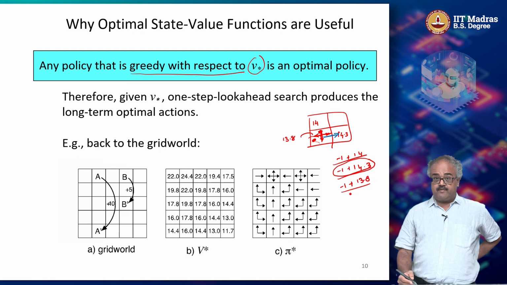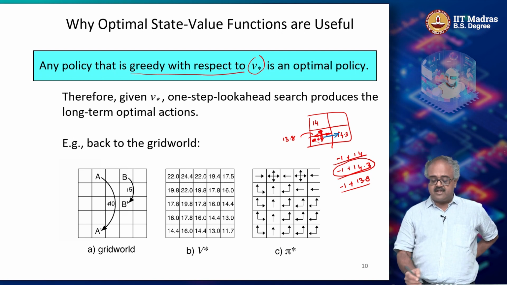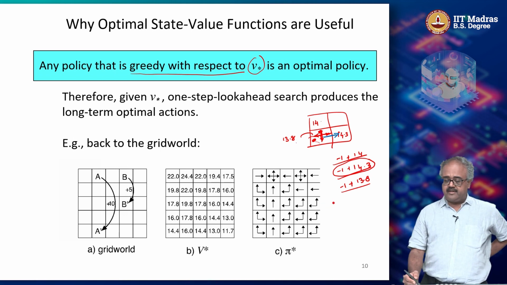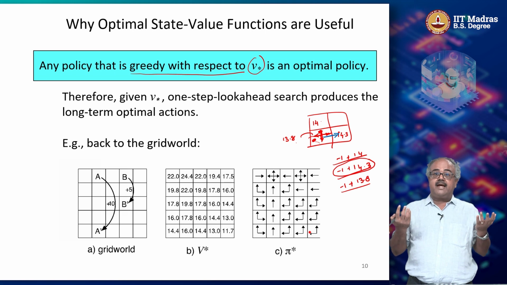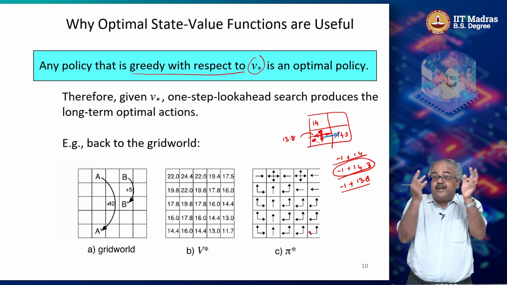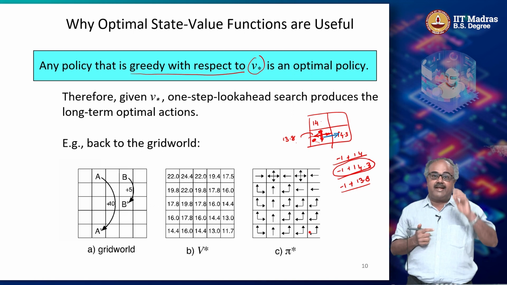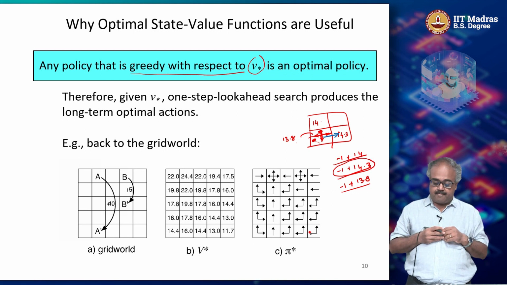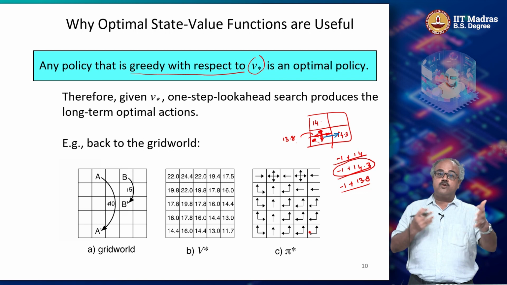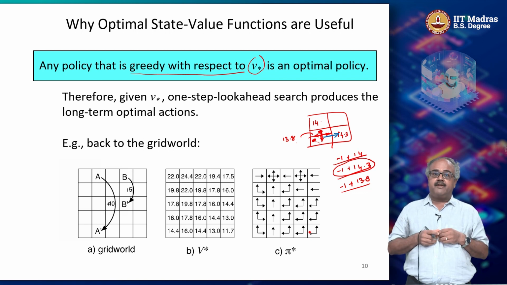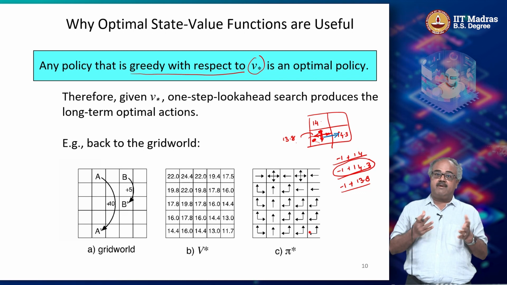So greedy with respect to V star means I have my V star computation done, so I end up with this is 14, this is 13.8, this is 14.3, and then when I want to pick an optimal policy, which is the goal of solving an MDP, I just look ahead one step on the optimal value function.